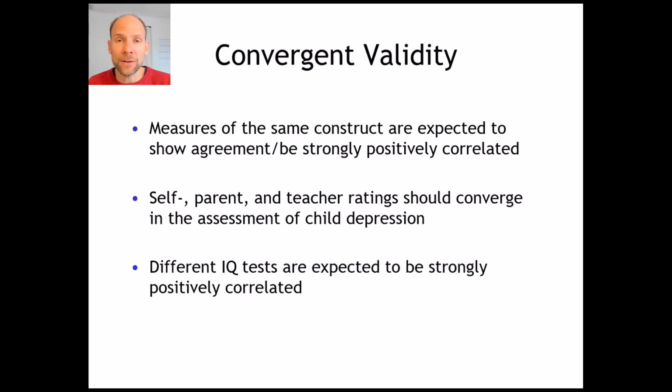Then you can collect the scores on the original long-form IQ test and the newly developed short-form IQ test, and you would correlate the scores because you have them then from the same people, and then you would expect the correlation to be near 1.0 if the new intelligence test was also valid, and then that would be evidence of convergent validity if the scores on the new test correlated highly with the scores on the already established validated test.